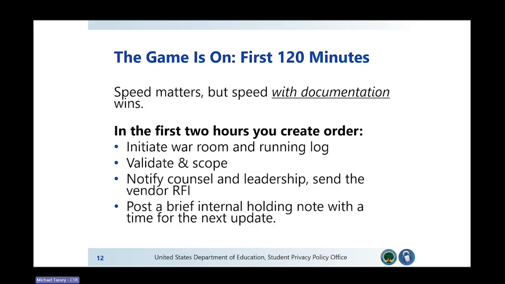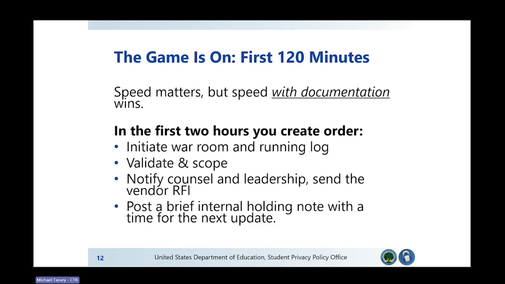So let's talk real quick about what happens initially when an incident is first discovered, right? When you're responding in those first critical 2 hours, speed of course does matter, but it's speed with documentation, right?